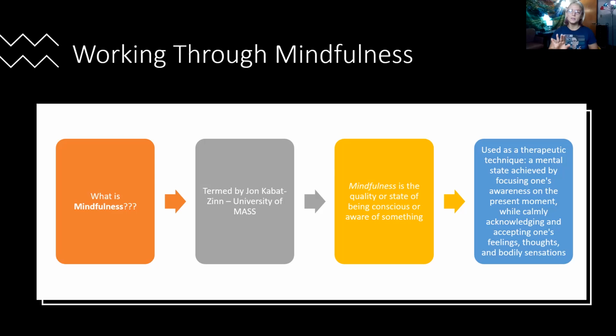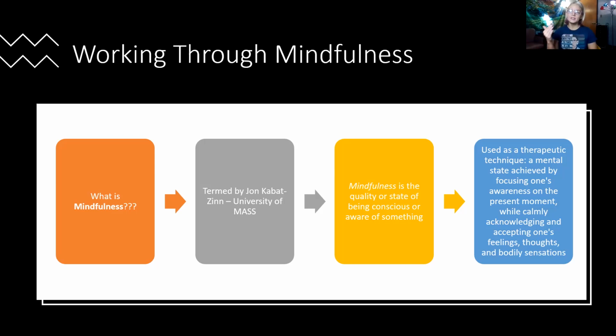And he saw that the benefits of the practice were highly beneficial for cancer patients, where they were able to offer more compassion for themselves, to be more aware and meet their pain with more kindness.